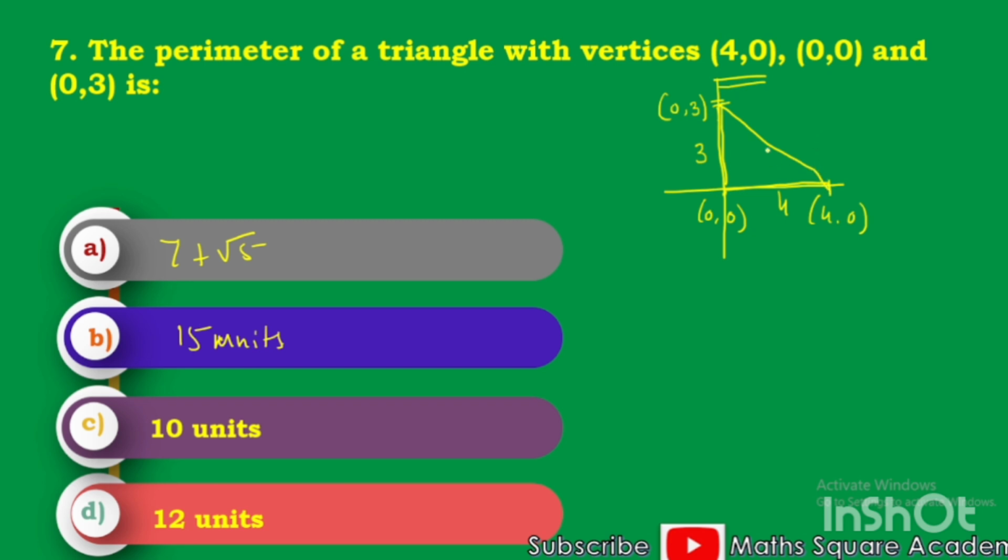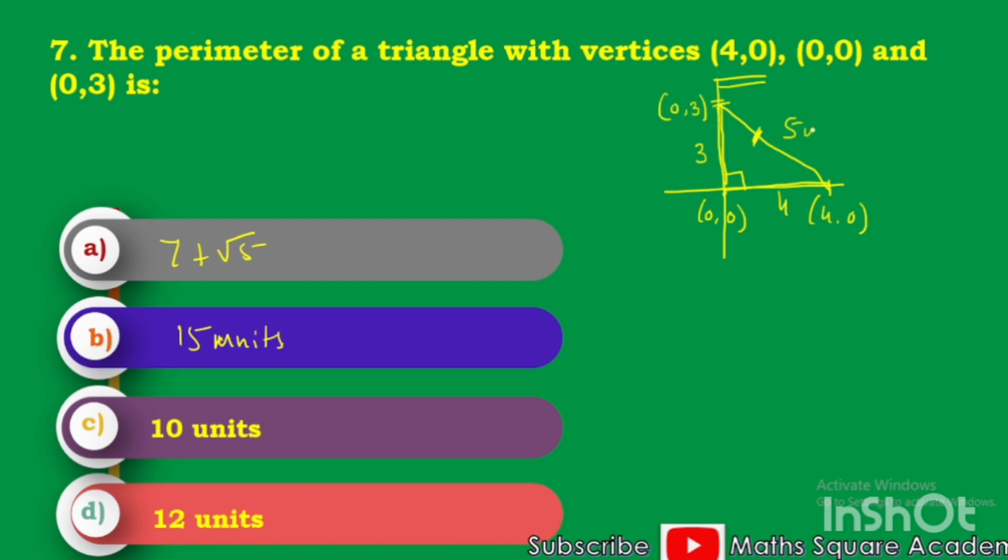To find the perimeter, you should find this length also. You know that this is a right angle triangle. So by using Pythagoras theorem or by Pythagorean triplet, you can find the hypotenuse is 5 units.